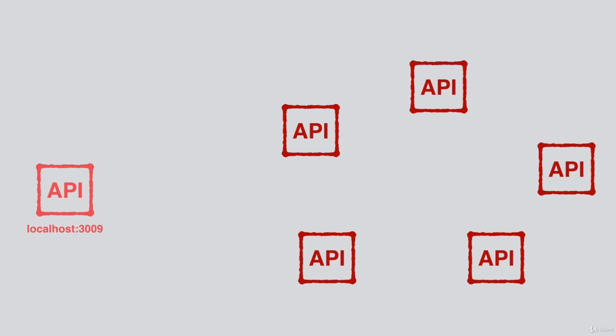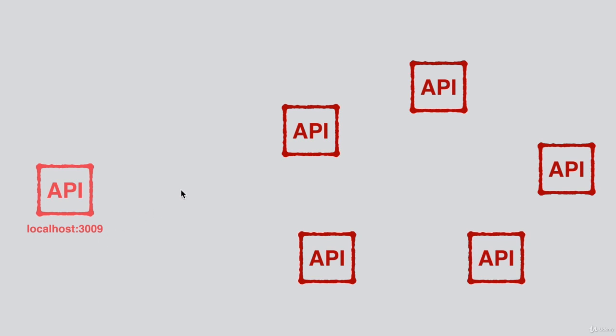So here we have our blockchain network, and let's assume that these 5 network nodes are already connected to each other. So this is our decentralized network. And let's assume that we want to add this node to our network. And this node is hosted on localhost port 3009.